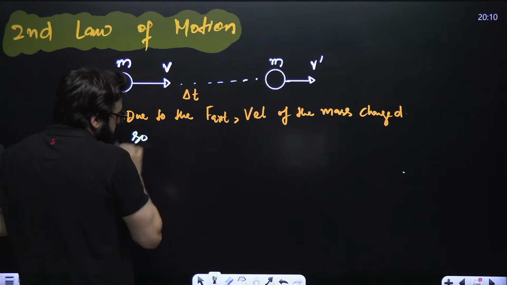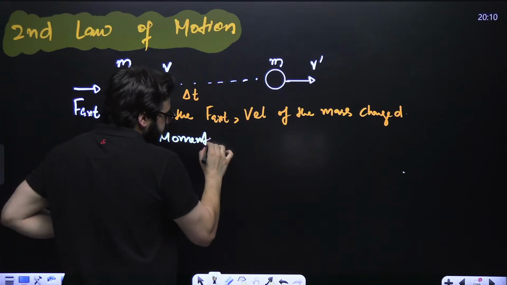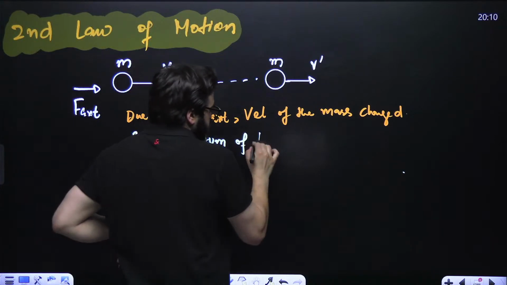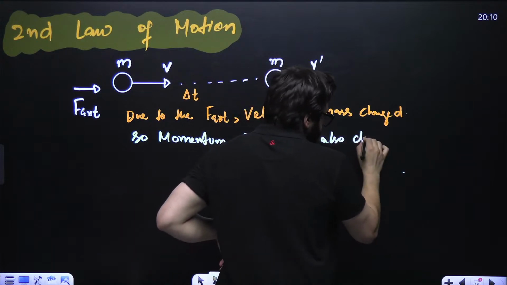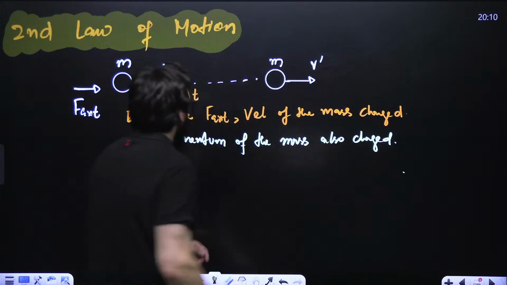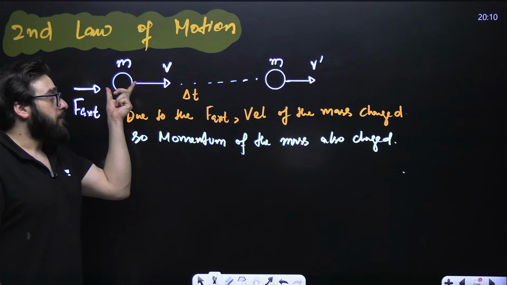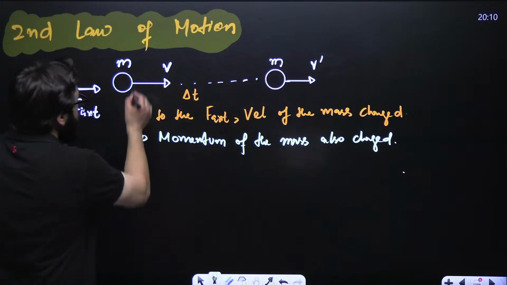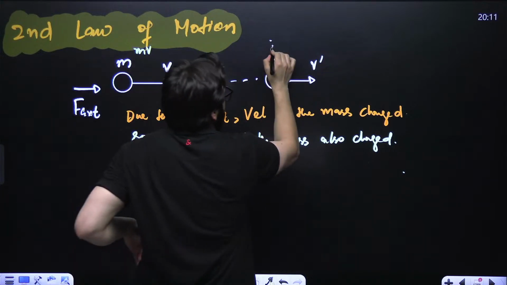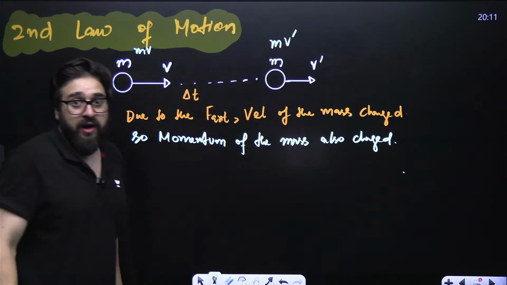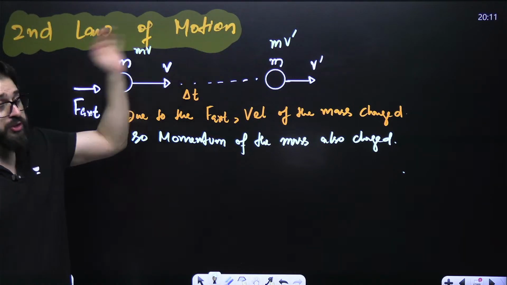So momentum of the mass also changed. Guys, because of the external force, velocity of the body changed. What is the momentum over here, sir? Here momentum will be mv, mass into velocity. Here finally momentum will be mv dash. Sir, because of the force, velocity changed. So because of change in velocity, momentum changed.